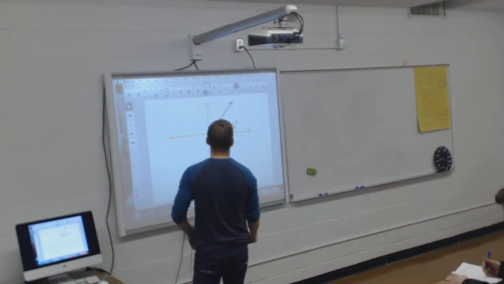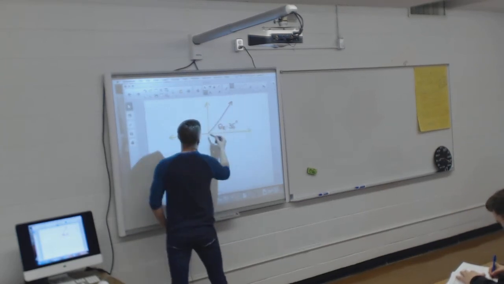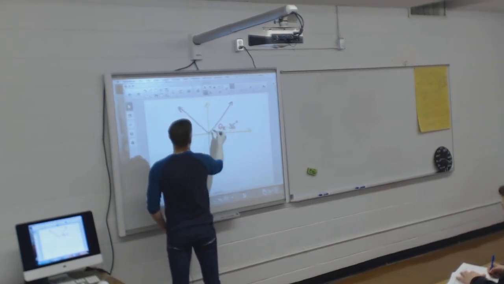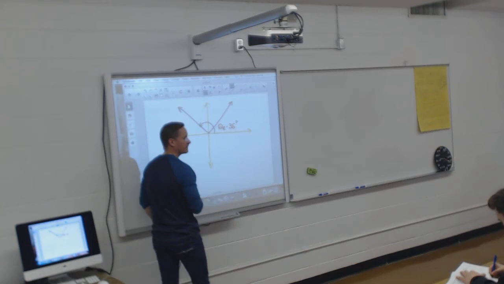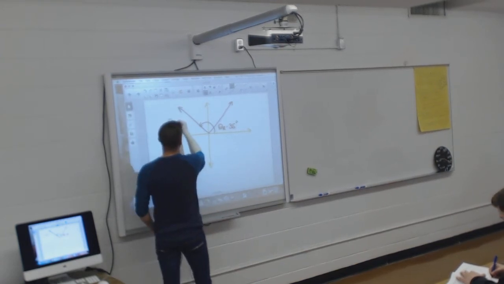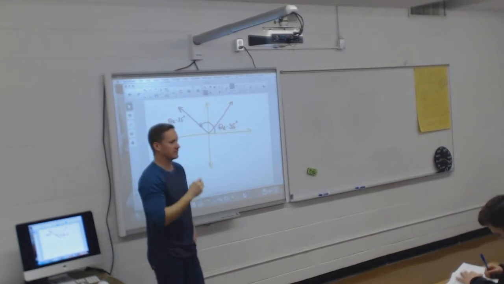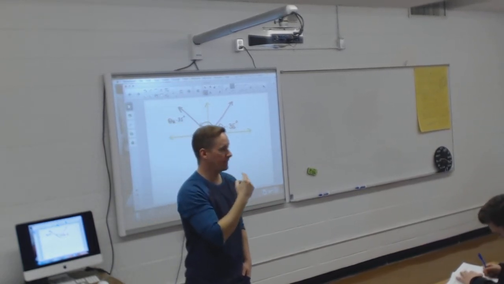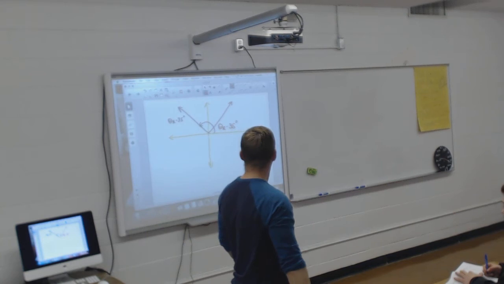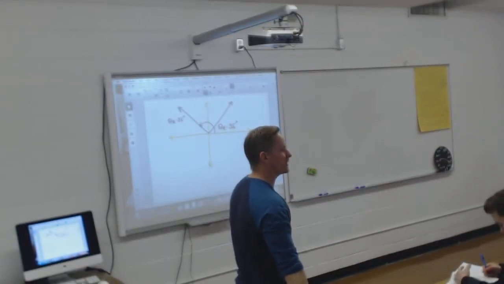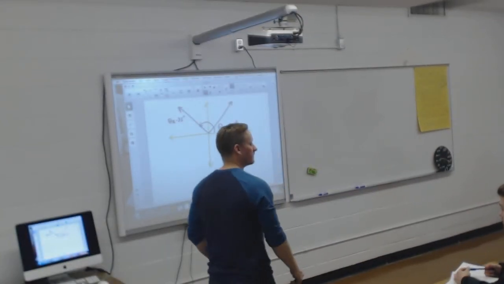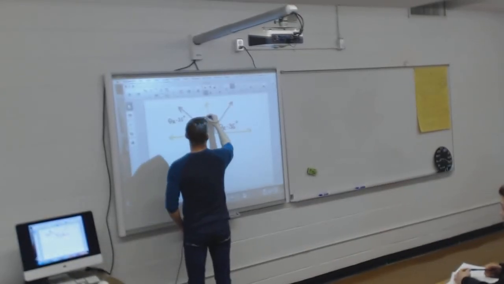Quadrant 2, I want to find out what this angle is if my reference angle is 35 degrees. 180 subtract 35, which gives me 145 degrees.